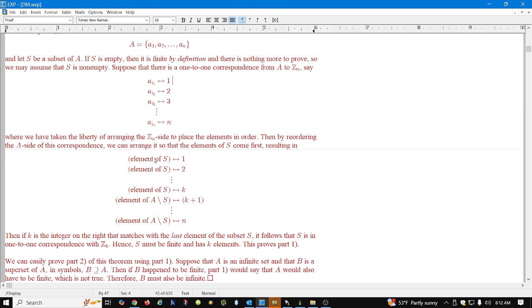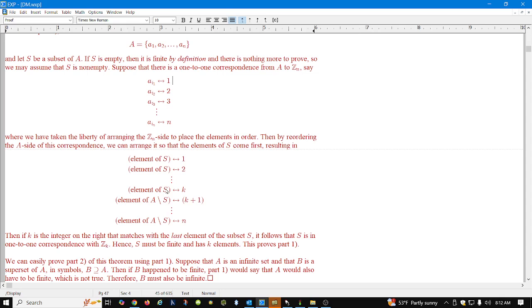Well, rather than try to invent a good notation for that, I could do it, but it's going to look kind of ugly, and I'm going to stop with the double subscripting. So what I just wrote here is some element of S pairs with 1, some other element of S pairs with 2, and so on.